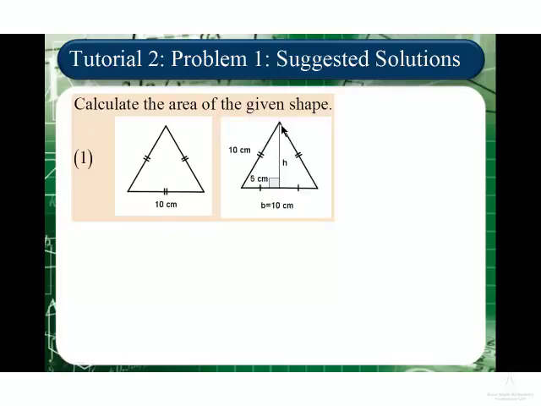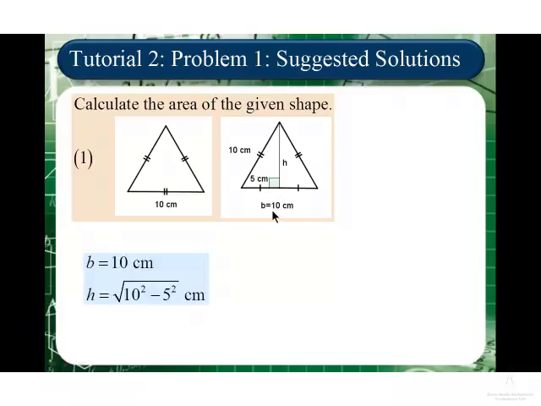We drop a perpendicular line from the vertex as indicated onto the base side length 10 centimeters, and in such a case we establish the height h for this particular given triangle. Note that we create a right triangle in such a case with sides 10 centimeters for the hypotenuse and 5 centimeters for the one side adjacent to the right angle.